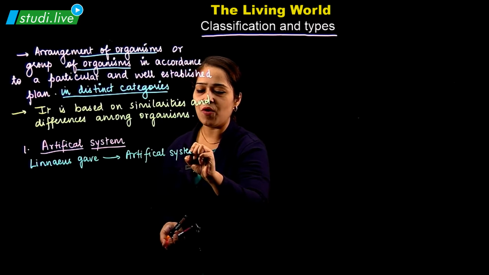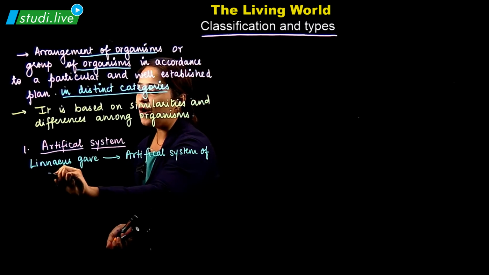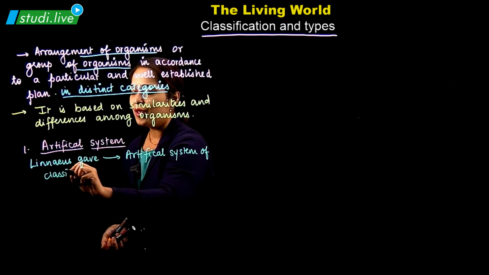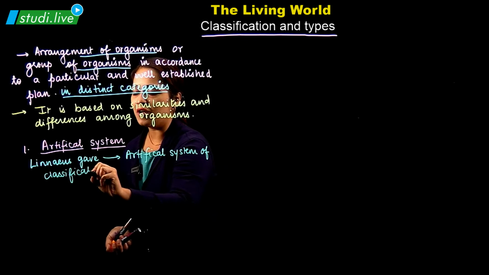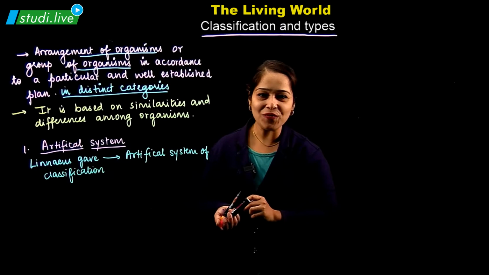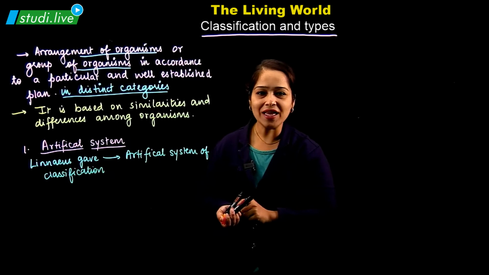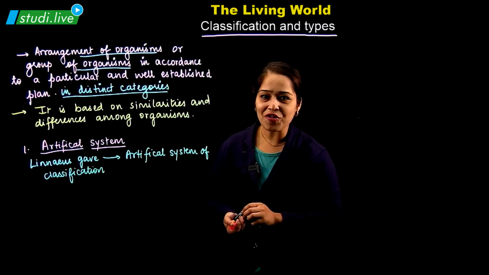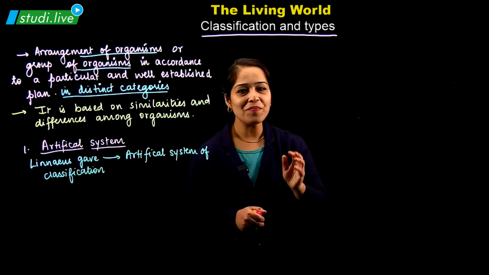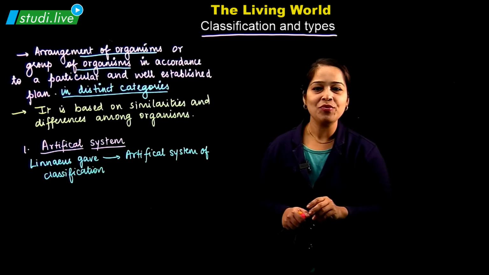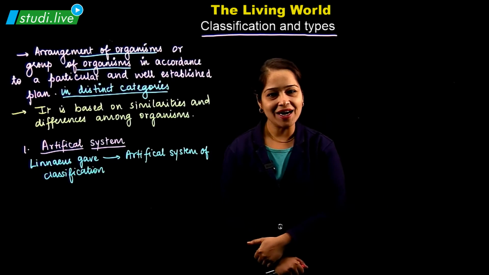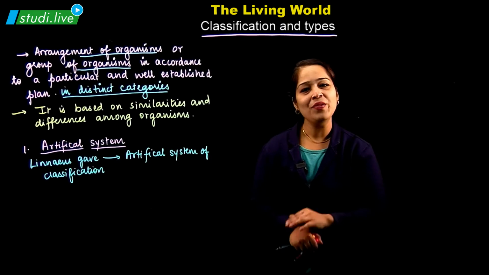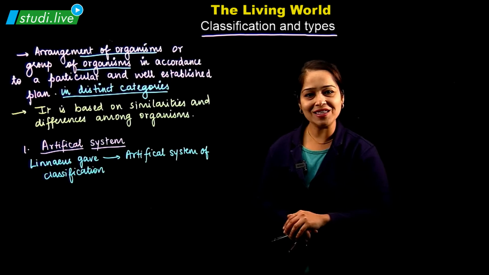Now it is based on a few easily observable characters which are not significant, and it does not involve evolutionary relationships or relationship according to their affinity. So what is considered in the artificial system of classification?